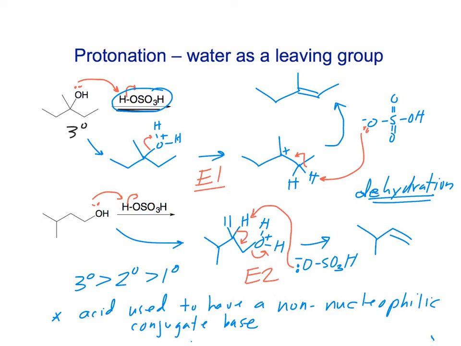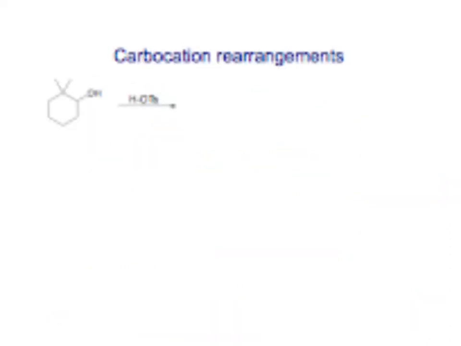So, tertiary and secondary alcohols will dehydrate by E1 mechanisms, and primary can dehydrate by E2. Once a carbocation forms, it will rearrange if a more stable carbocation can be generated. So let's look at this example.